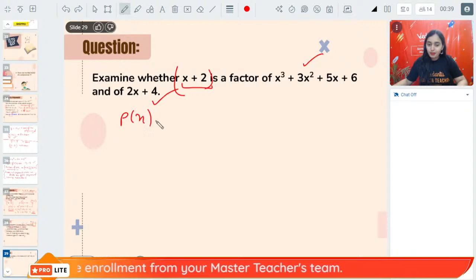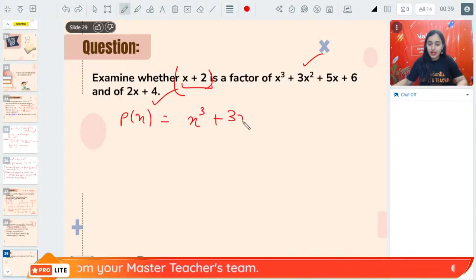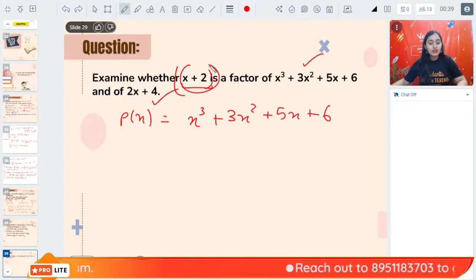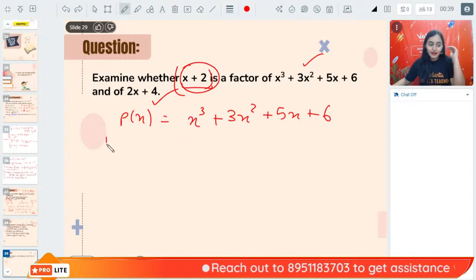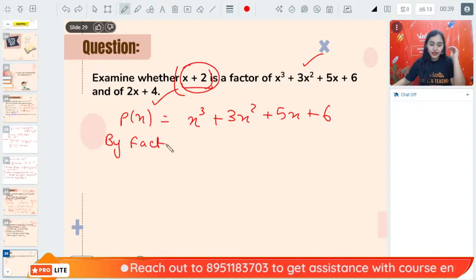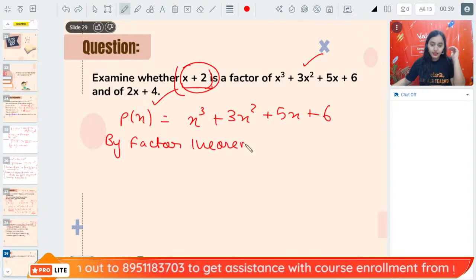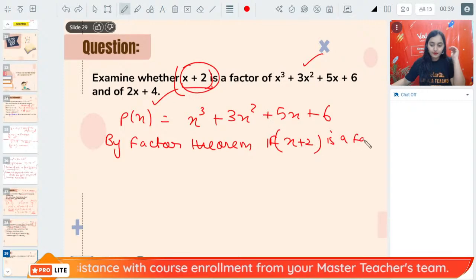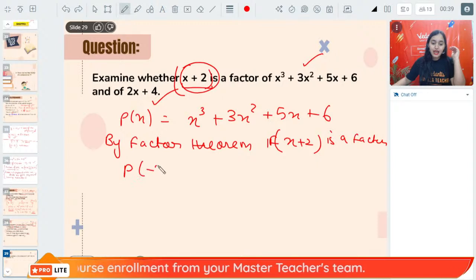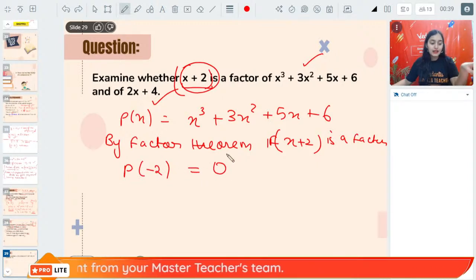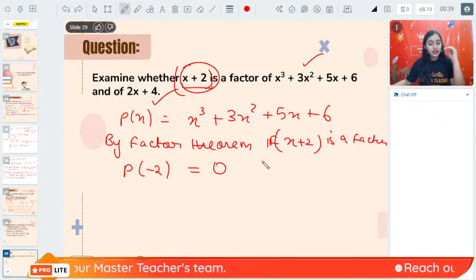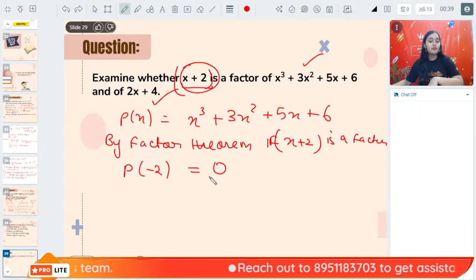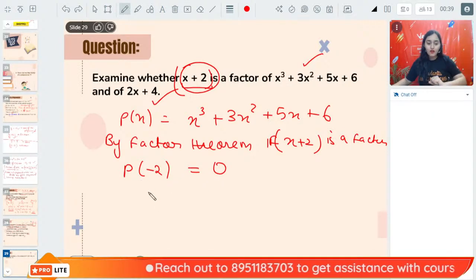If your polynomial p(x) is x cube plus 3x square plus 5x plus 6, and you want to find out whether x plus 2 is a factor or not, you will write by factor theorem: if x plus 2 is a factor, p(minus 2) should be equal to 0. Understood? So let us put it here.